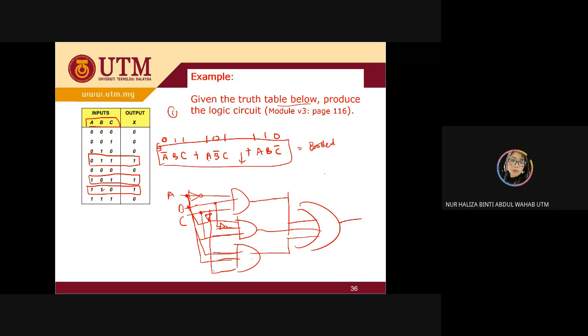So this is how, from this truth table, you get your Boolean expression, and from the Boolean expression you can draw your logic circuit.